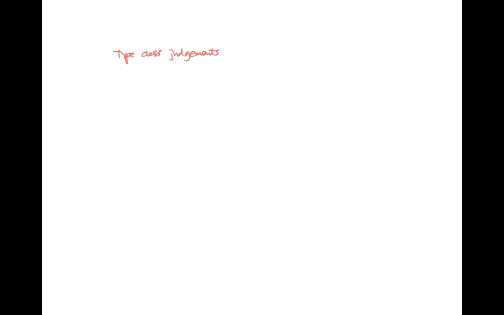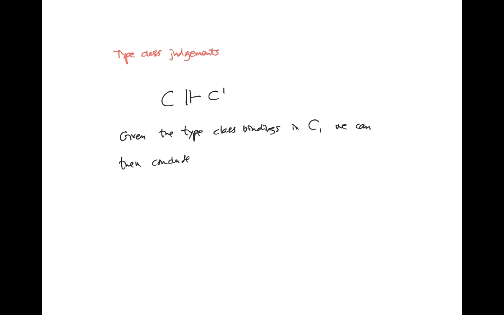We also introduce a notion of type class judgments. They're of the form C turnstile C prime. And how do we read that? Well, given the type class bindings in C, we can then conclude that we also have the type class bindings in C prime.